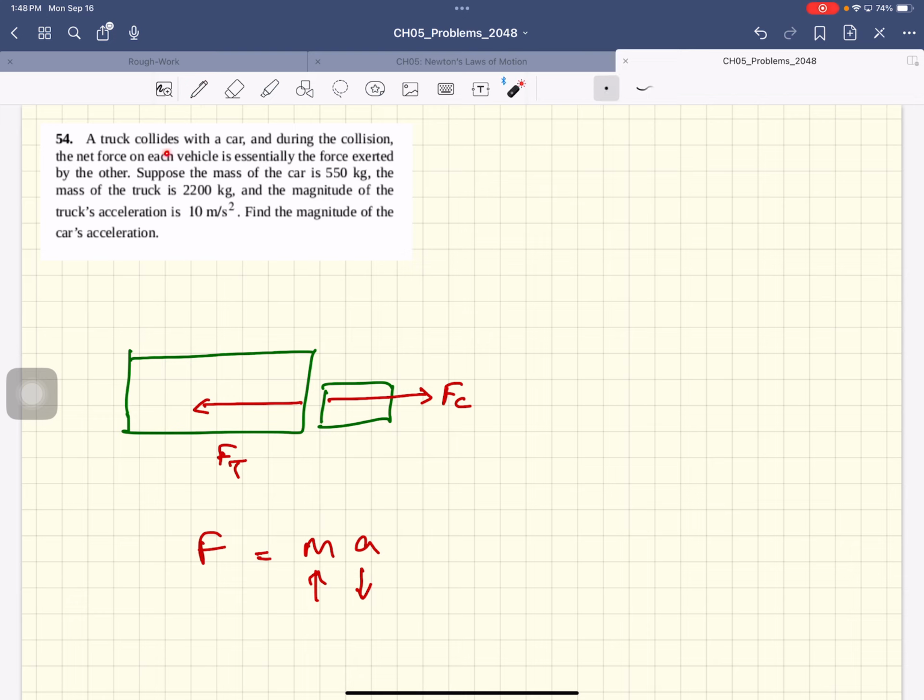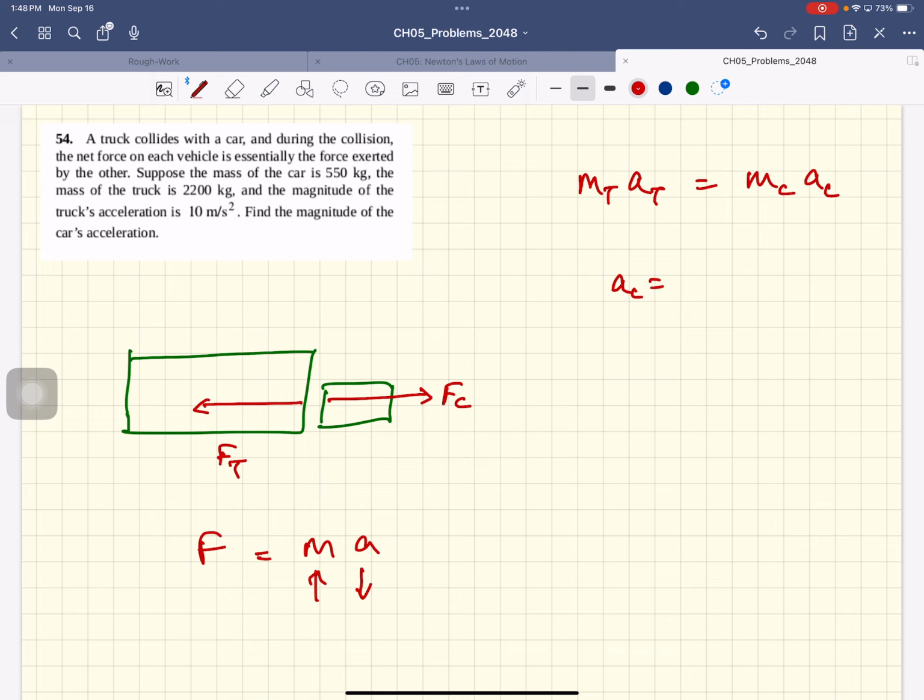A truck collides with a car and during the collision, suppose the mass of the car is 550 kg and the mass of the truck is 2,200 kg. And the magnitude of the truck's acceleration is 10 meters per second squared. Find the magnitude of the car's acceleration. The two forces are the same, so the mass of the truck times the acceleration of the truck should equal the mass of the car times the acceleration of the car.